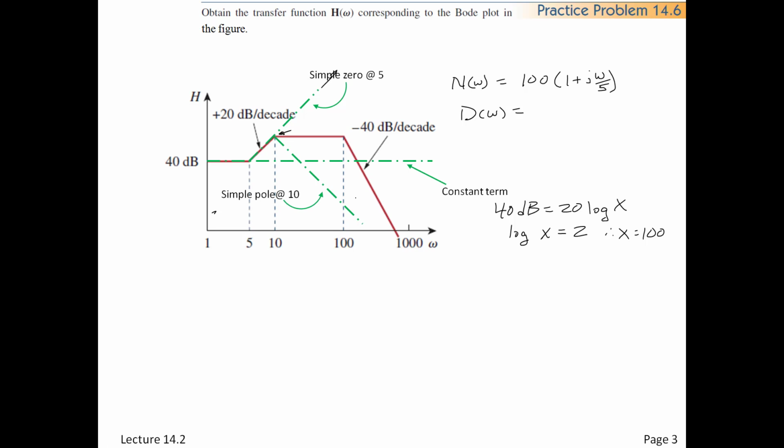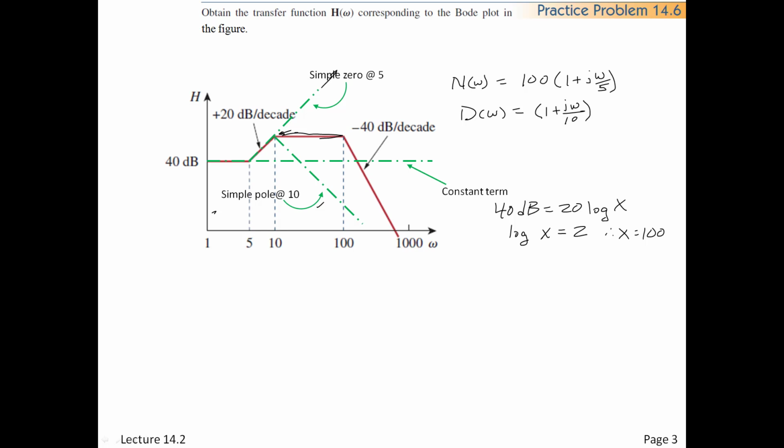So we need a simple pole at 10, so the denominator is going to have 1 plus j omega over 10 as one of the terms. And once this simple pole kicks in, it's going to counteract that simple zero, and you're going to end up with this horizontal line here.